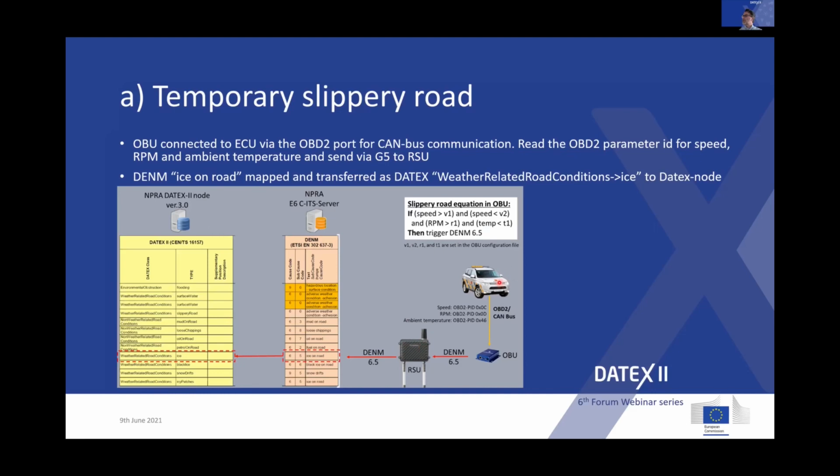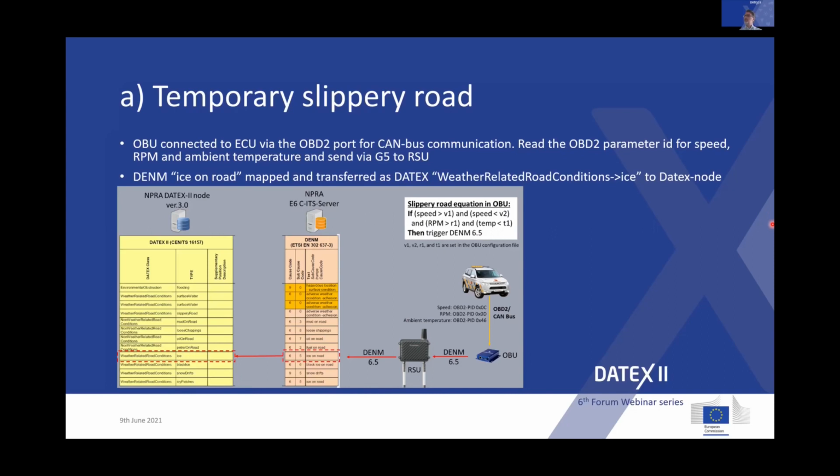So we have the OBD in the car, then the OBU in the car sends the DENM message to the RSU, which triggers the mapping in the ITS server and provides the weather-related condition, which is ice. So ice on road then transforms to the DATEX element weather-related road condition, ice.